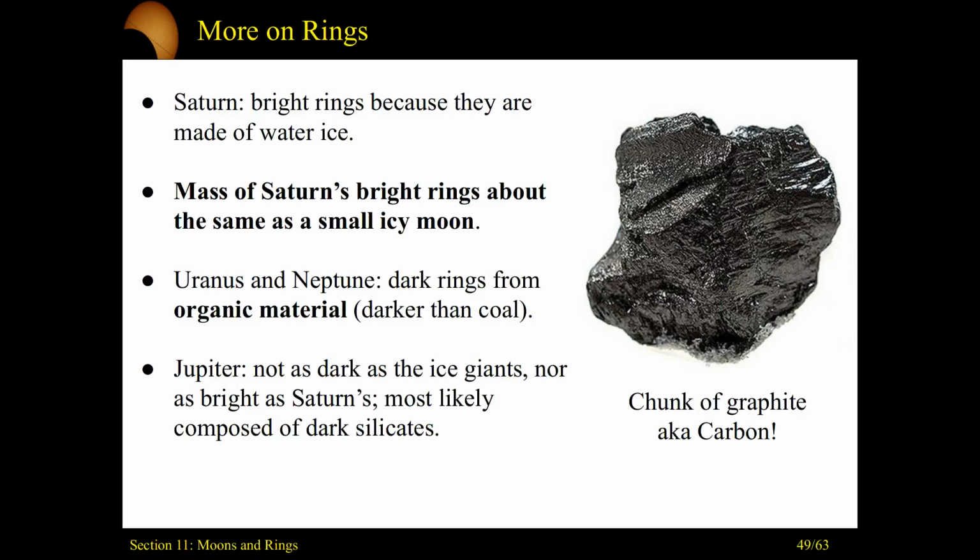But carbon in this lower pressure state just makes these weak bonds that do a really great job of absorbing light, and it gives it its characteristic dark or black feature. Finally, Jupiter's rings, they're not as dark as the ice giants, but they're also not as bright as Saturn's. So the most likely scenario of Jupiter's ring is that it was more of silicates, rocks, instead of these organic compounds being broken away.